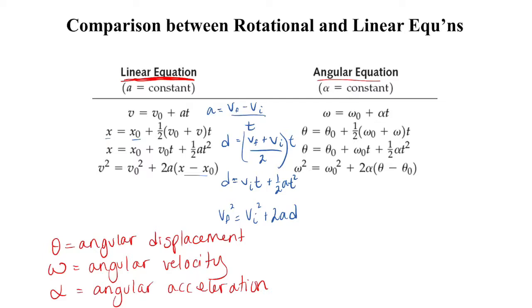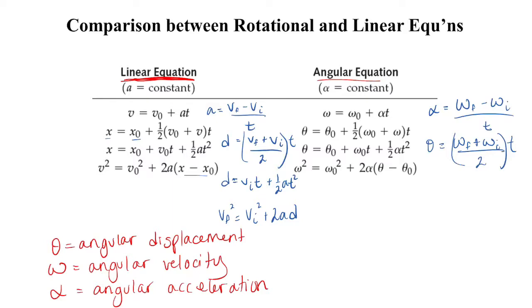So again, these are those analogs, but if we want to put this in terms of things that we know, this first one is really just alpha is equal to final angular velocity minus initial angular velocity divided by time. Of course, time is the one that's constant throughout. Okay, the second one is theta is equal to omega f plus omega i divided by 2 times t.